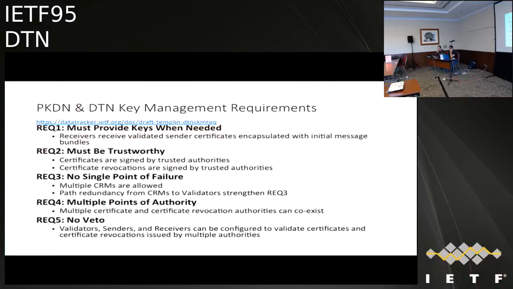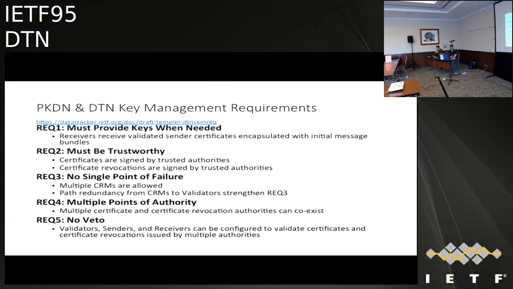So that is a requirement over here. We can have multiple certificate revocation managers independently, or we can say 2 out of 3 certificate revocation managers must sign. To avoid that kind of trust failure, we can distribute trust using digital multi-signatures. And the second way is by having path redundancy from the certificate revocation managers to validators.